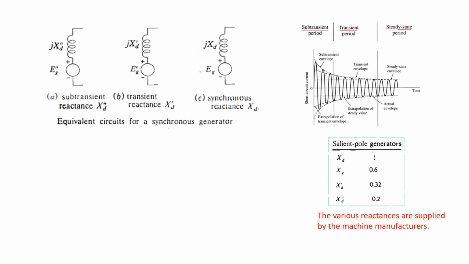Note that the values of the reactance are given by the manufacturer. Here is an example. The manufacturer has given that Xd is 1, and Xq is the quadrature component. X single dash d is 0.3 and X double dash d is 0.2. So we use these values in the calculations.